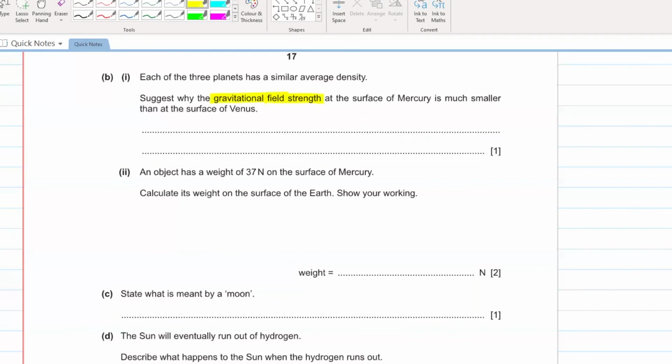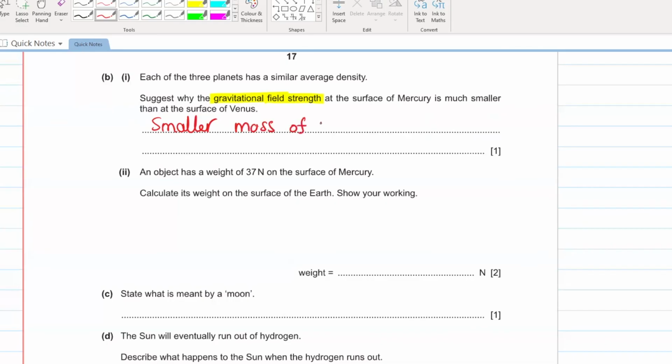What will you say? Mercury has a smaller mass. You can say Mercury has a smaller mass.